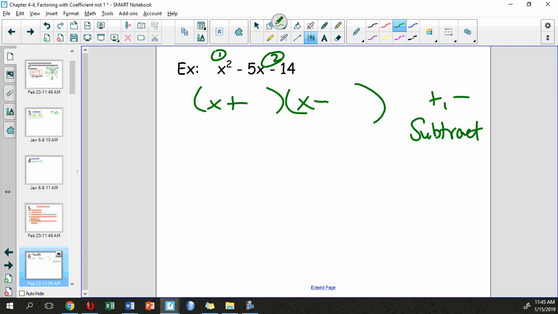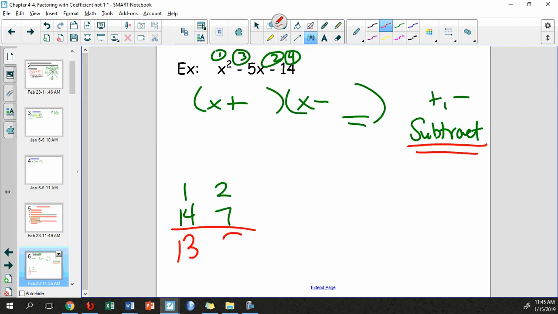So if they're different, am I adding or subtracting? I am subtracting. Then I need to have a minus in my middle term. So what does that imply about this space right here? What is that? It's where the bigger factor goes, right? So then I need to find my factors of 14. Factors of 14 are 1 and 14 and 2 and 7. And what did we say we were going to do with those numbers? We were going to subtract them. 13 and 5.